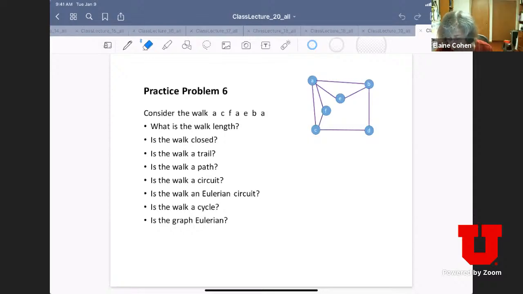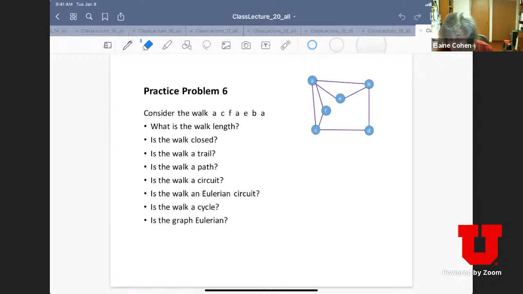How many vertices are there with odd degree? The degree of B and the degree of C are both odd. That's true. Do we have more than 2 vertices with odd degree? No, there are just exactly 2.